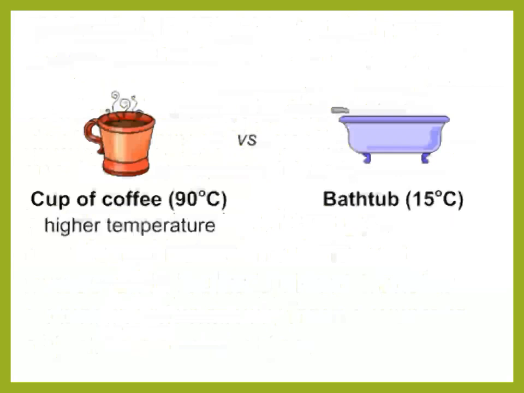The bathtub, on the other hand, has a much greater volume of water, and so its total thermal energy is going to be much more than the cup of coffee. So even though the average kinetic energy is 15 degrees Celsius, if you looked at all of the particles that are in there that have that average kinetic energy, overall it would have a higher thermal energy.